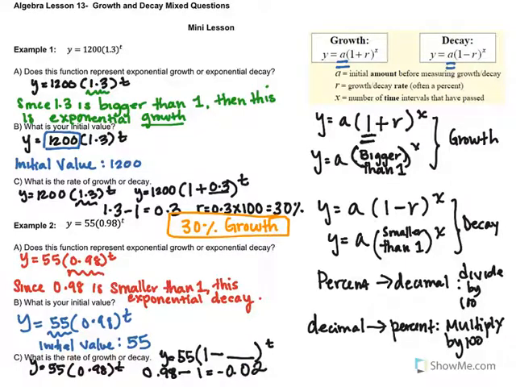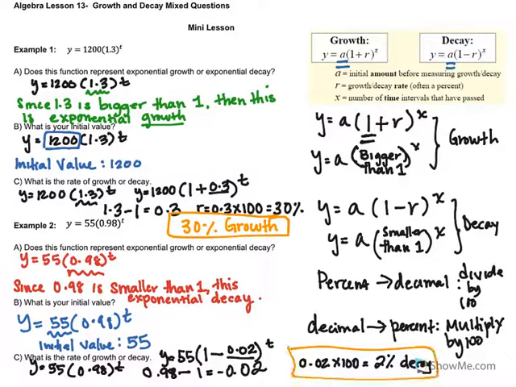It's giving me a negative number because I already know it's an exponential decay, so we're going to ignore that negative. If I do 1 minus 0.02, I know that's going to give me 0.98. So to turn that into a percent, I'm going to do 0.02 times 100, which gives me 2% decay.